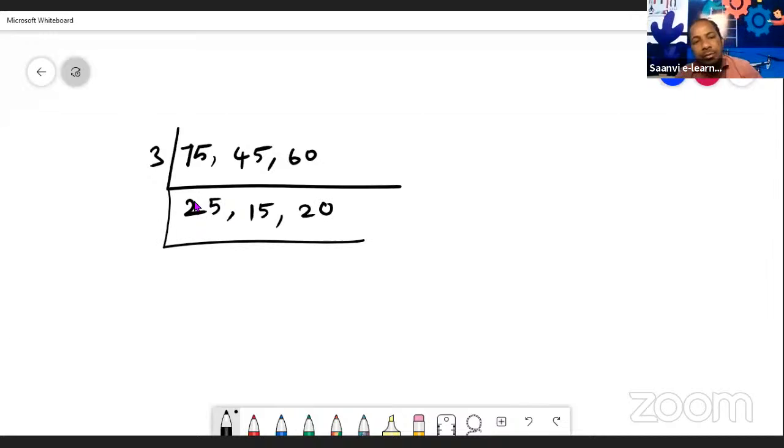Again which table possible? 5 table possible. 5 5s are 25, 5 3s are 15, and here 5 4s are 20.